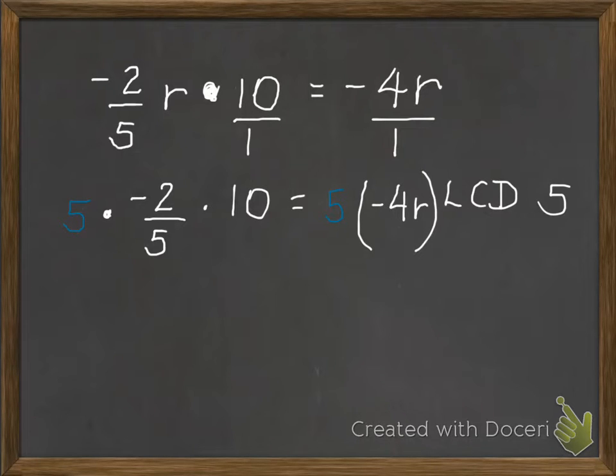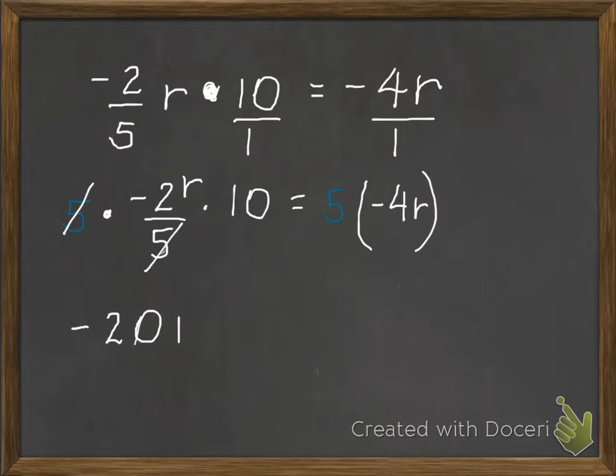Okay. What's this? And, oops, these 5's cancel, and we have minus 2 times 10 is minus 20. Got my R here, right? There was an R there. So the R is still here.